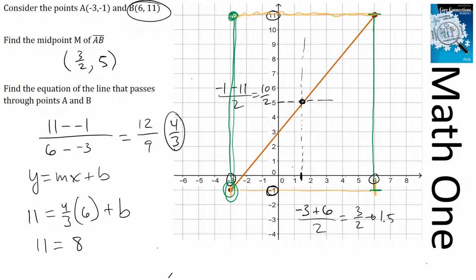You can use any method you want to multiply 4/3 times 6, including, but not limited to, a calculator. And that's b. If I subtract 8 from both sides, I get that b has to be 3.